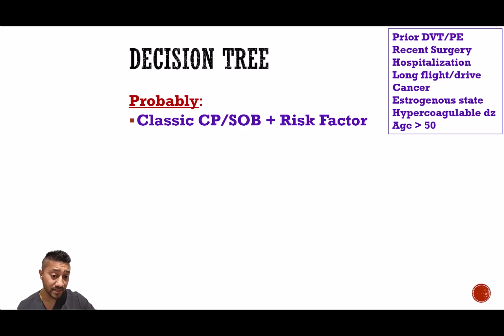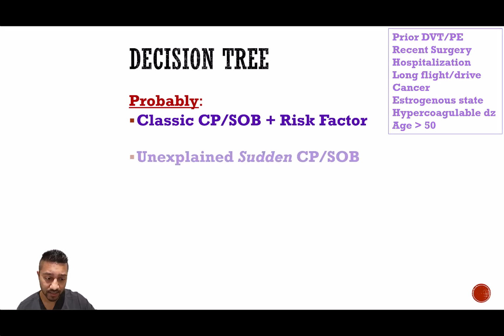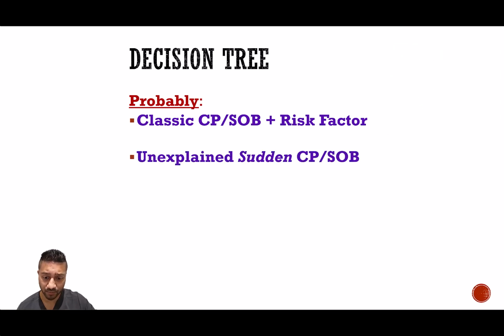Now, the PANCE also likes to treat unexplained or unclear symptoms of chest pain and shortness of breath as a PE trigger word. So, for example, if your patient has sudden development of pleuritic chest pain or shortness of breath, but without a clear cause, then for the sake of the PANCE, this is a PE until proven otherwise, and you should get a CT on this patient to confirm that diagnosis.